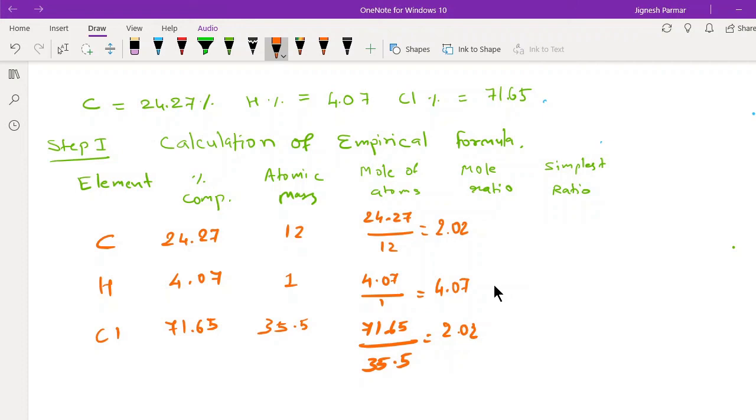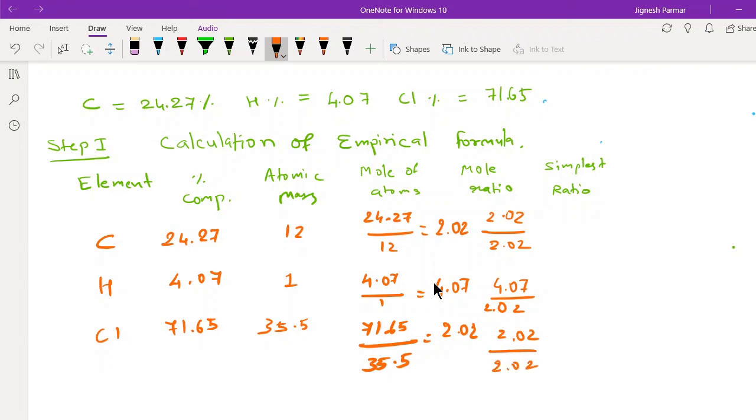In this mole ratio, whatever the answer comes, you have to see which one is the lowest, the smallest one. 2.02 is smallest, so divide every mole value by this lowest mole: 2.02 divided by 2.02 and so on.